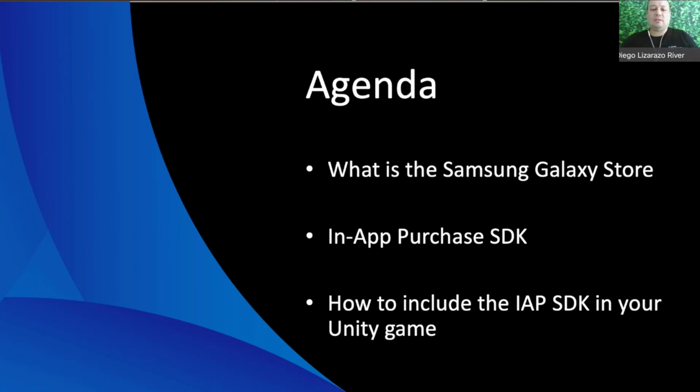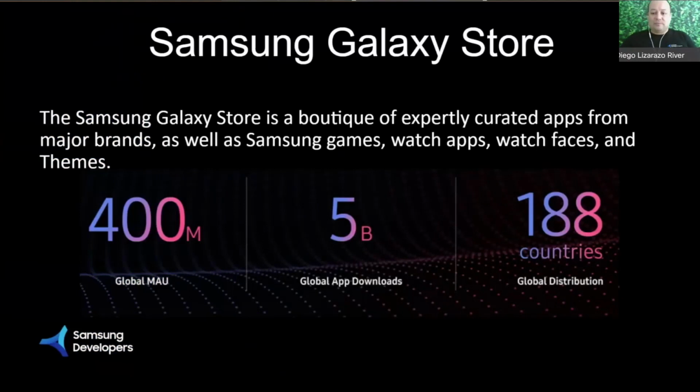Then we're going to check an overview of the in-app purchase SDK and where you find it, how you download it, how you work with it, some general topics there, and then how to use the in-app SDK in your Unity game. By the end of this webinar, you should know where to download the SDK, how to integrate it in Unity, and how to start working with your games and having the SDK integrated. So let's start with the Galaxy Store.